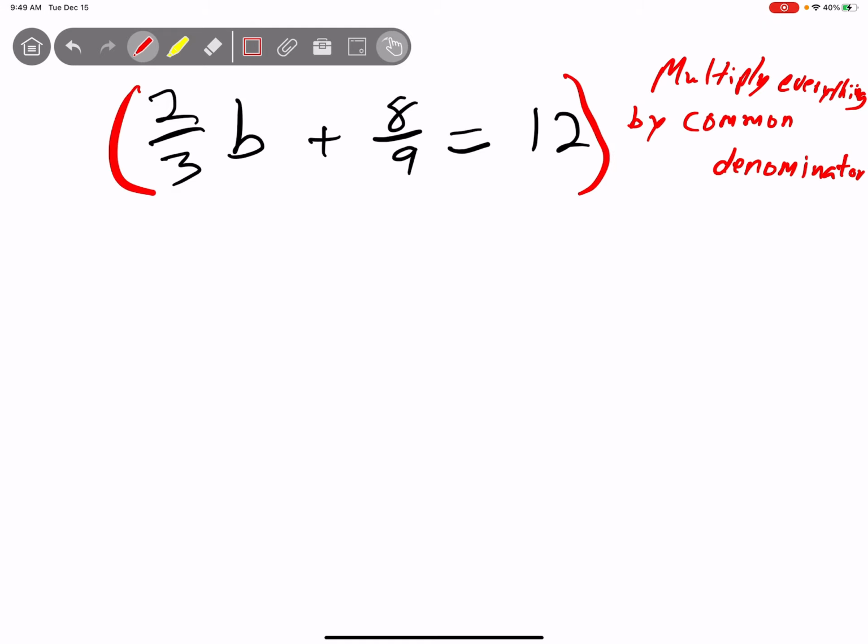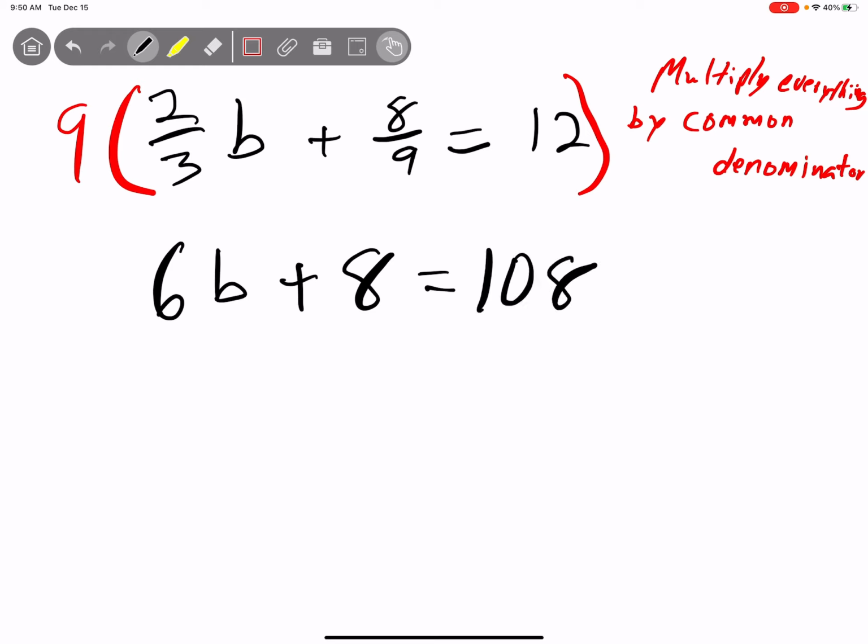So I'm going to multiply everything by 9. Well, 2/3 times 9 gives me 6. This now says 6b, plus 8/9 times 9 gives me 8, and 9 times 12 gives me 108.